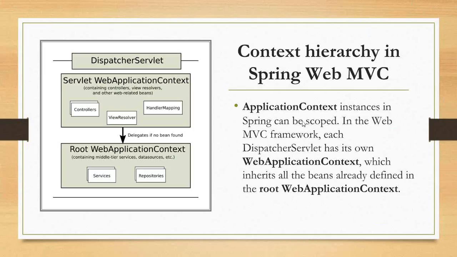You see, application context instances in Spring can be scoped, as I told you people, in the web MVC framework. So each dispatcher has its own web application context, and this web application context inherits all the beans already defined in the root web application context.